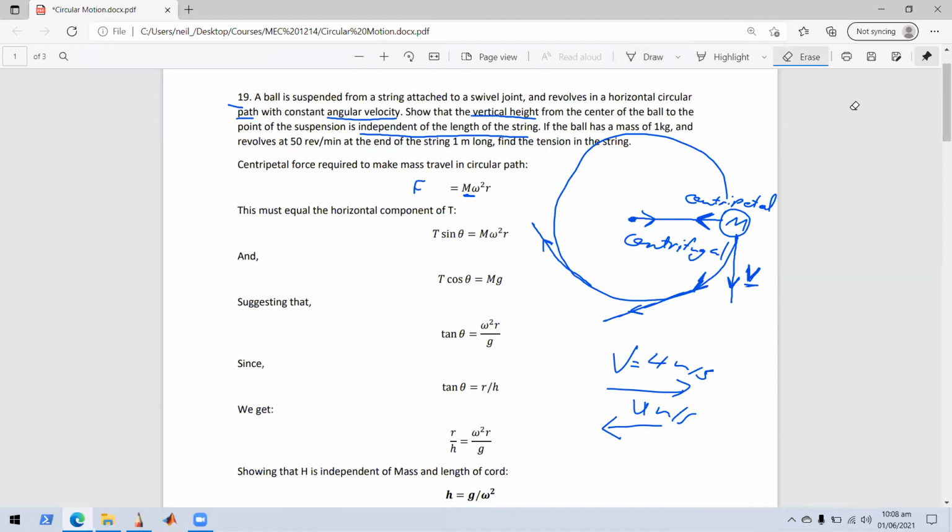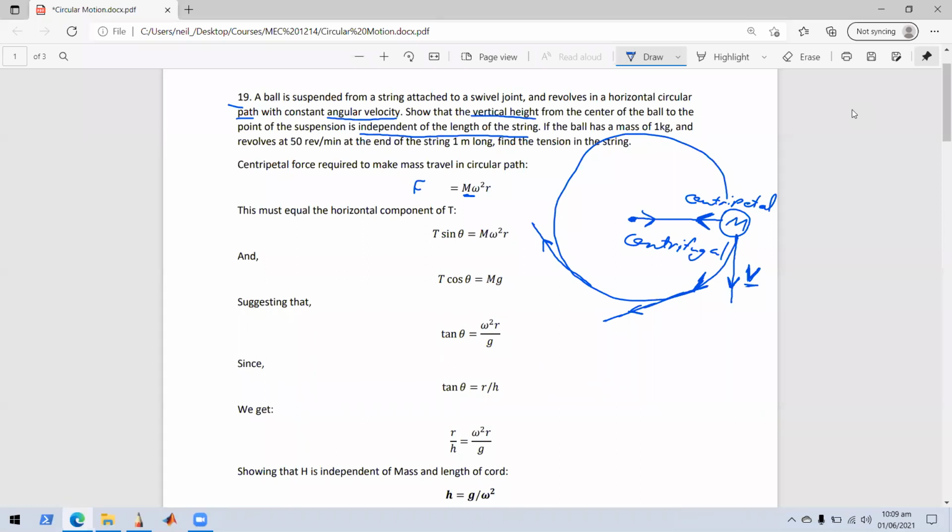So all along here, we have some acceleration. Now, acceleration, we know, only comes about from some force, right? We need to apply a force in order to get acceleration. And that force comes from this cord or this string or this arm pulling this mass back into the center.